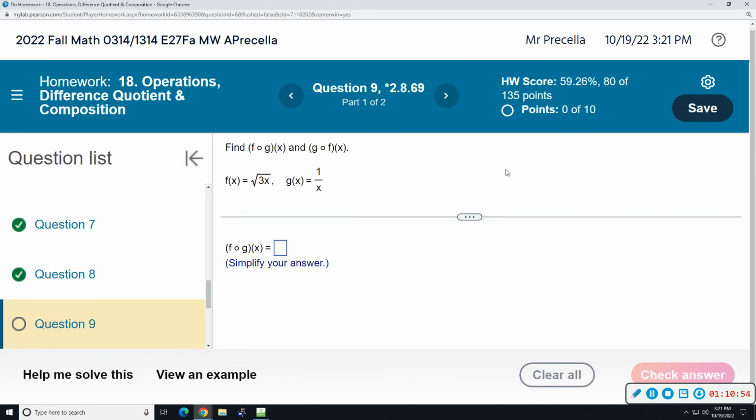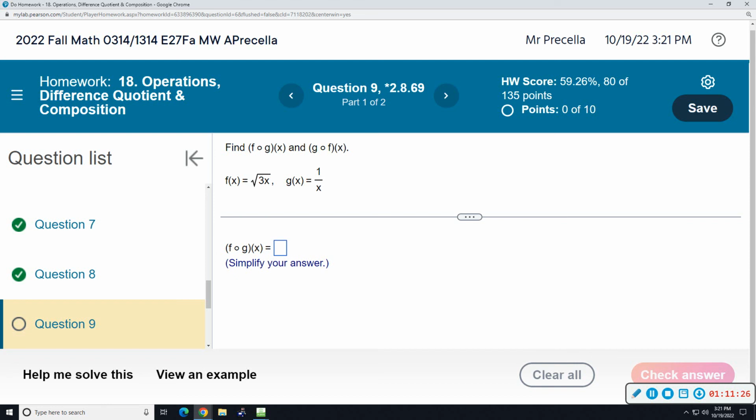Number 9, same instructions. Find f composed with g of x and g composed with f of x. But let me write down these functions. F of x is the square root with 3x underneath it, and g of x is the reciprocal function 1 over x.